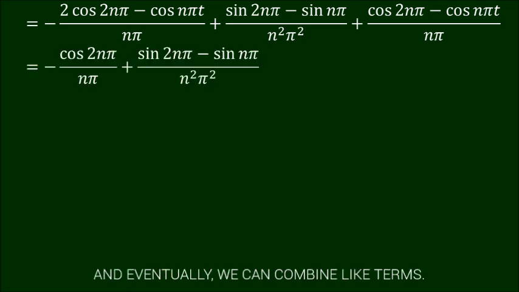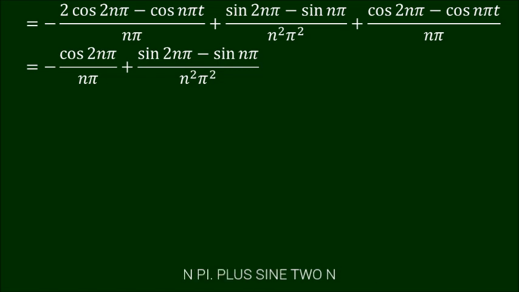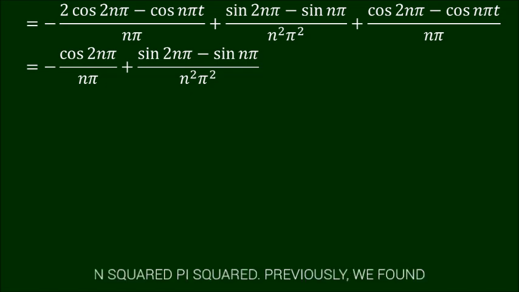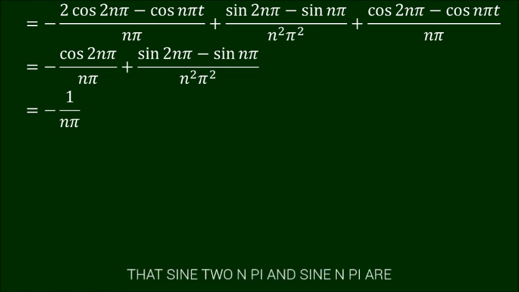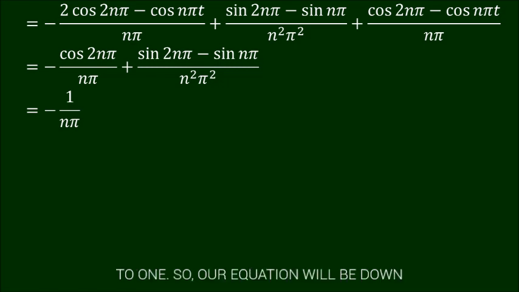And eventually, we can combine like terms, giving us negative cosine 2 n pi over n pi plus sine 2 n pi minus sine n pi all over n squared pi squared. Previously, we found that sine 2 n pi and sine n pi are equal to 0, and cosine 2 n pi is equal to 1. So our equation will be down to negative 1 over n pi.